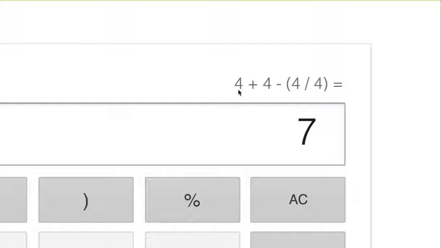So it specifies I did 4 plus 4 minus 1. And as we said before, if you have just plus and minus, then it doesn't matter what order you're doing it in as long as you remember that the minus stays with the 1. So you'll always get 7 in that case. That's something that I really enjoy about the Google Calculator.